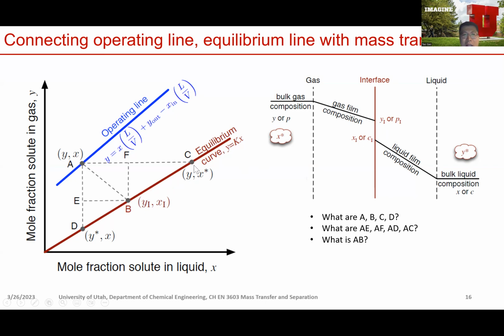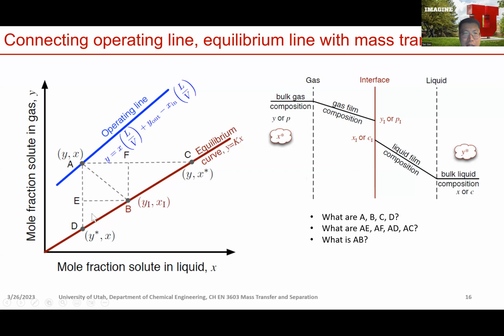Then point C has the same Y value as point A, but the X value here is in equilibrium with that Y value, because it's sitting on the equilibrium line. Y is the bulk gas phase composition, so this X is in equilibrium with Y. That means it's the fictitious liquid phase composition that is in equilibrium with your bulk gas.